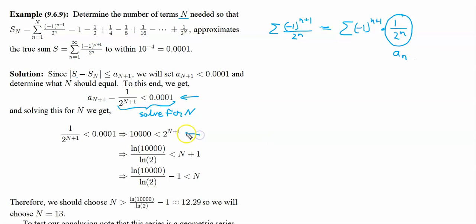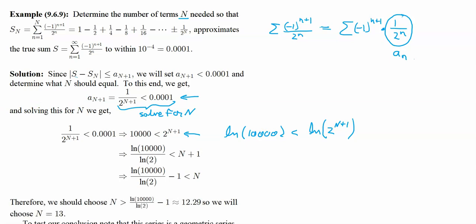So right here we have the n is in the exponent. We need to get it out of the exponent. So remember, the way you do that is you take the natural log of both sides, right? So if we take the natural log of the 10,000, that is certainly going to be less than the natural log of 2 to the n plus 1.